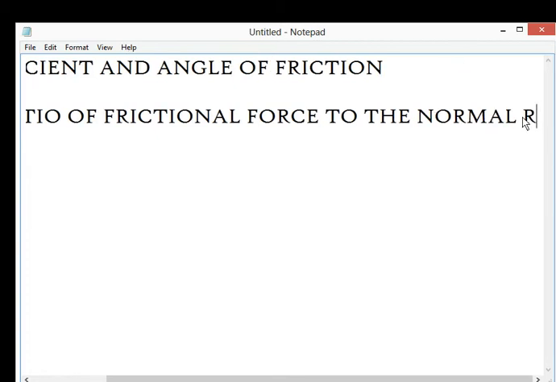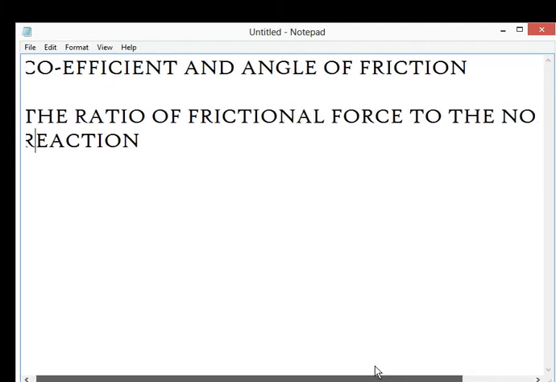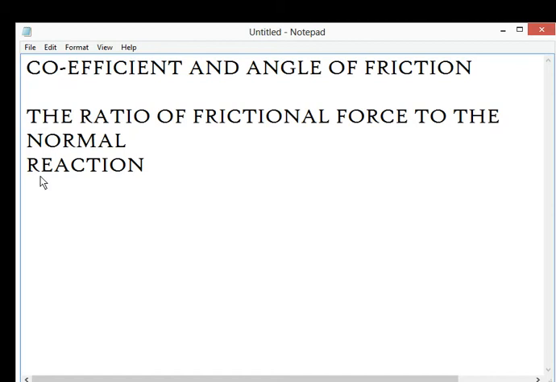Okay, so the ratio of frictional force to the normal reaction is known as the coefficient of friction. So how do we find the coefficient of friction?